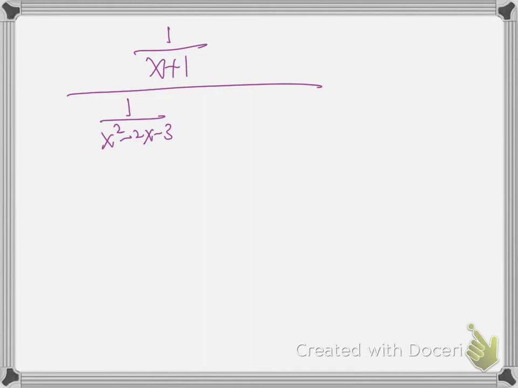So let's look at this. 1 over x plus 1 divided by 1 over x squared minus 2x minus 3 plus 1 over x minus 3. So now we have 3 denominators: one on top, this is degree 2 on the bottom, this is degree 1 on the bottom.